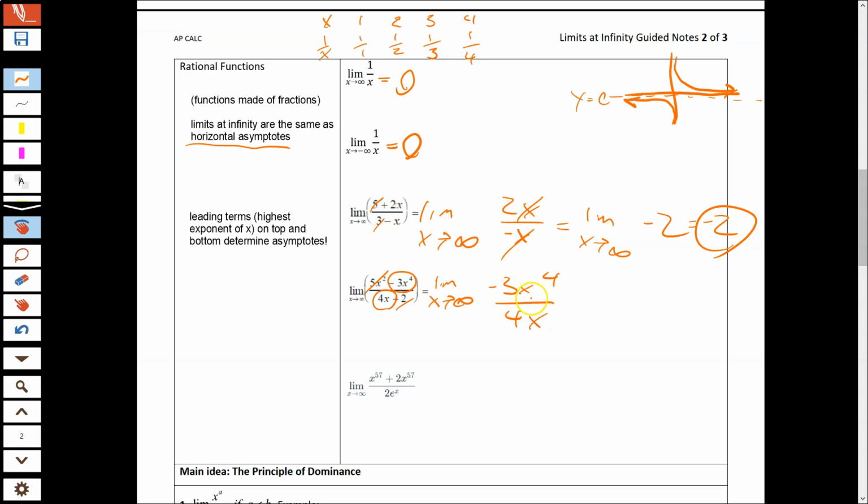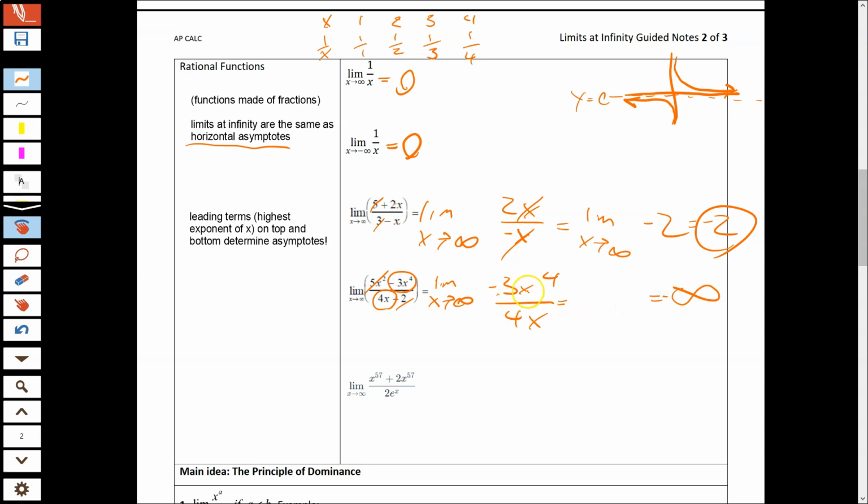So we have x to the 4th growing very fast because it's a bigger exponent compared to plain old x, which is growing pretty slowly. So the top of my fraction is growing much faster than the bottom. So this limit is going to be approaching infinity, but we have a negative on top. So we're getting a very, very large negative number. So my limit is negative infinity.